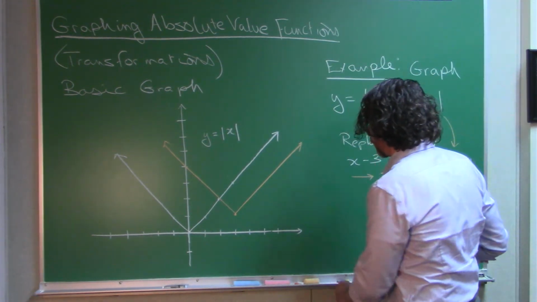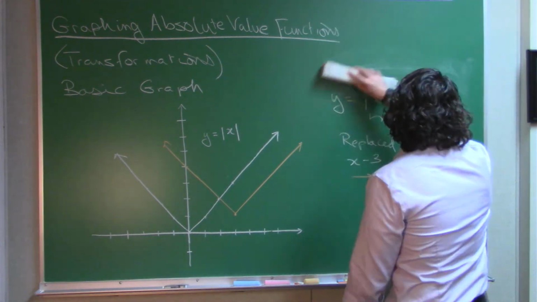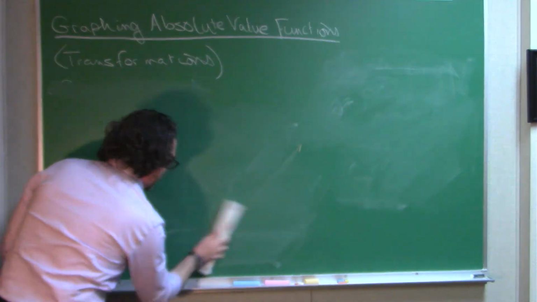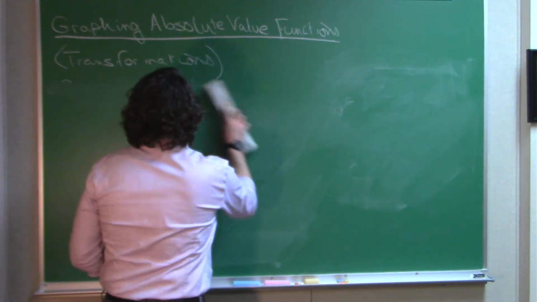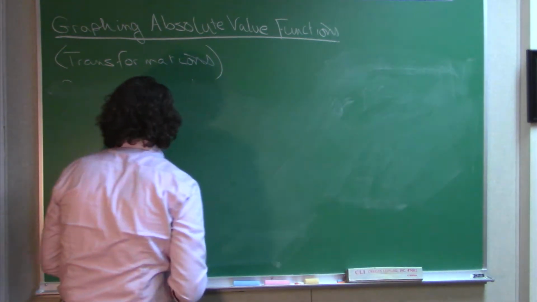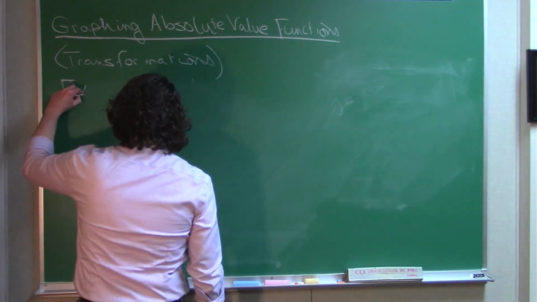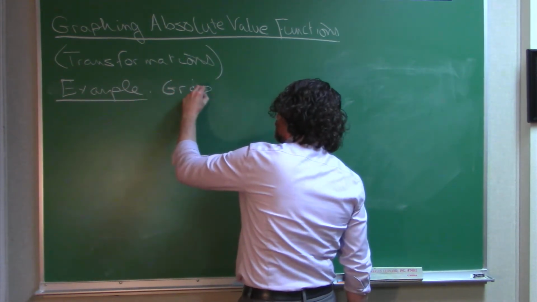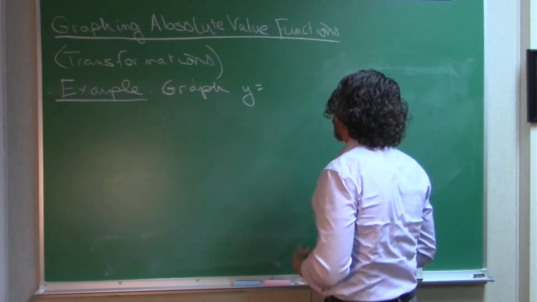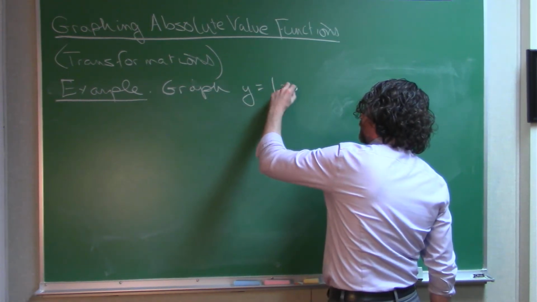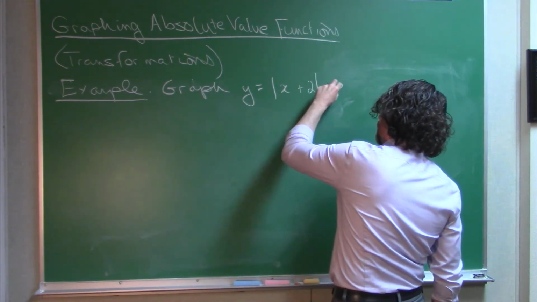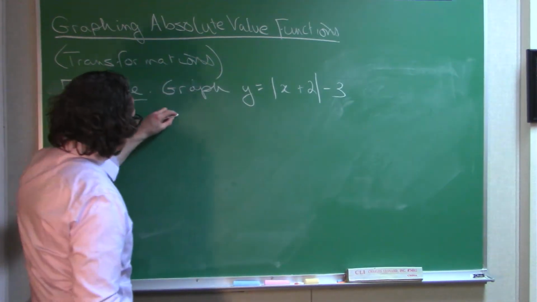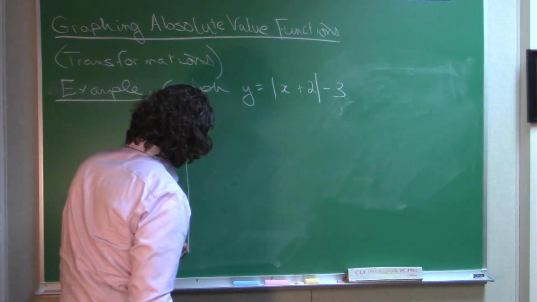Okay, let's look at a couple different examples here. So, another example. Graph y equals, let's make it absolute value of x plus 2, minus 3. Notice I've made some changes, somewhat similar to what we had before, but not quite the same.